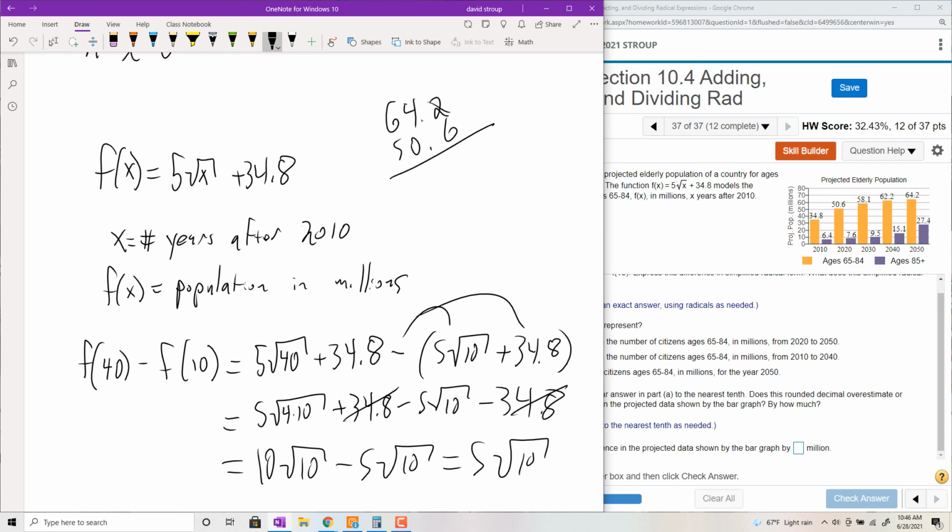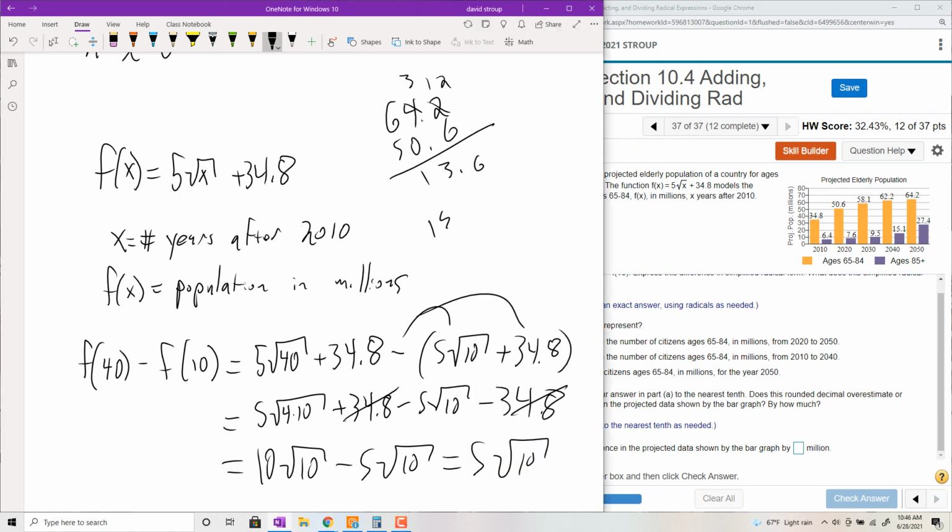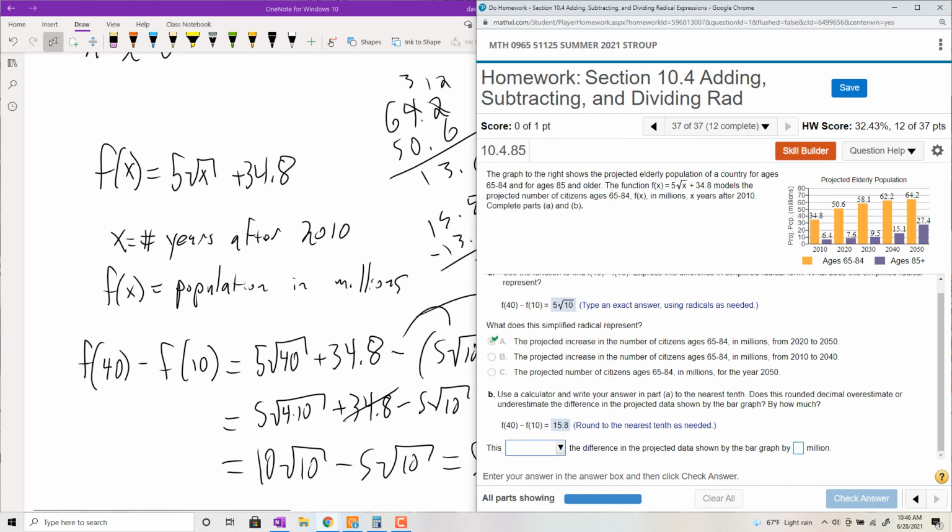So 13.6 is their answer. So we overestimated. So what do we have? Ours is 15.8. They want to know by how much, which is why I'm doing that part. So that's overestimated by 2.2.